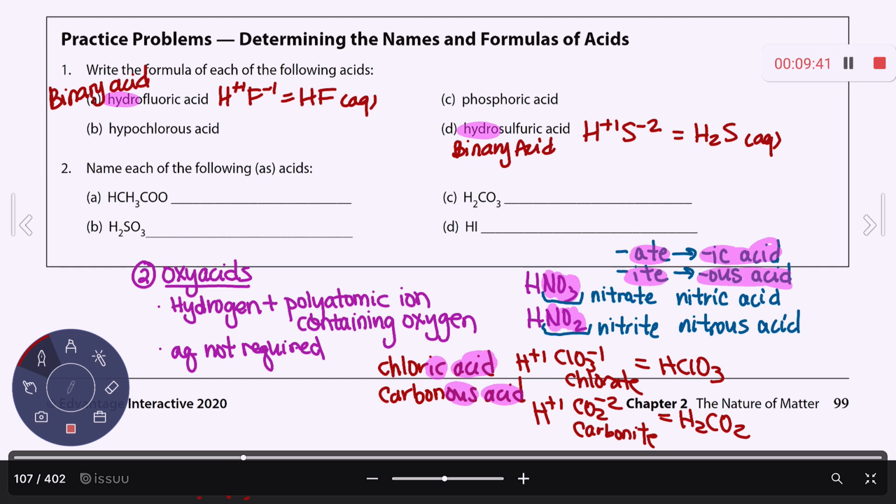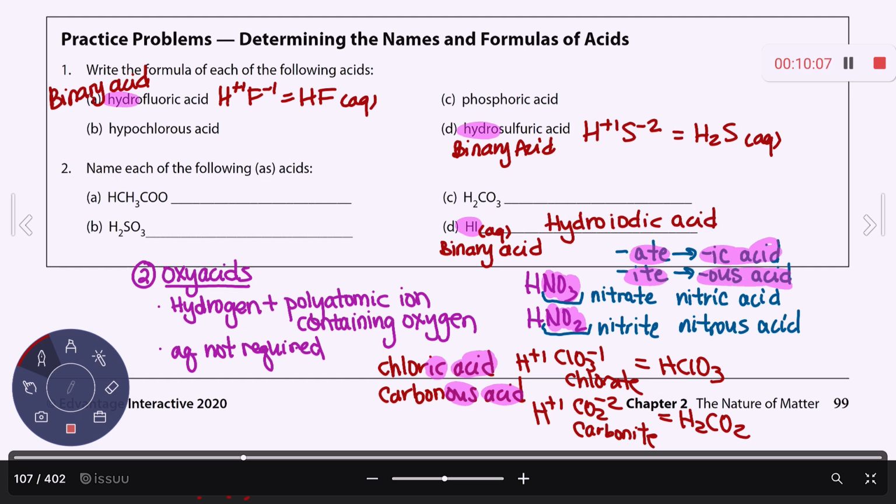Okay. For number 2, I'm just going to jump down to letter D. I realize they did not include the aq. Technically, it should be there. This is a binary acid as well. And then when you name it, you put hydro in front, ic on the end. So this would be hydroiodic acid.